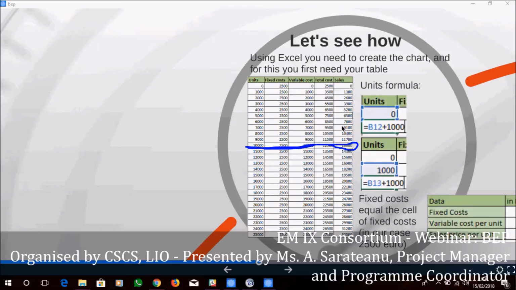And this is what the chart will basically let you see. So either you approach this by units or by sales. The purpose and eventually the result is the same. It gives you a clear idea of how much you need to produce in order to have a profit, or of how much you need to sell in order to have a profit.